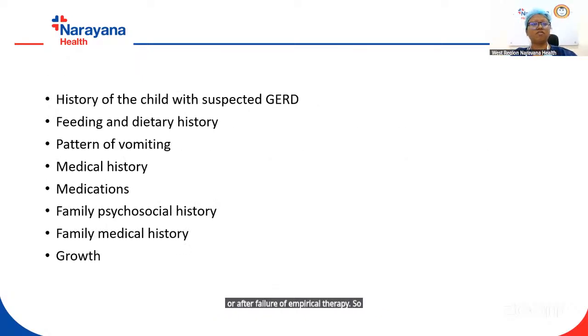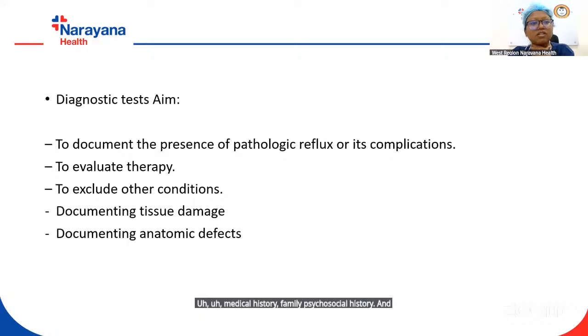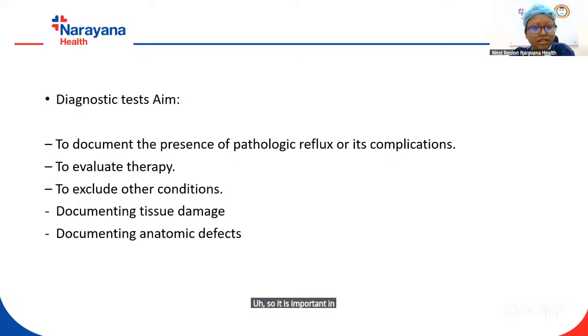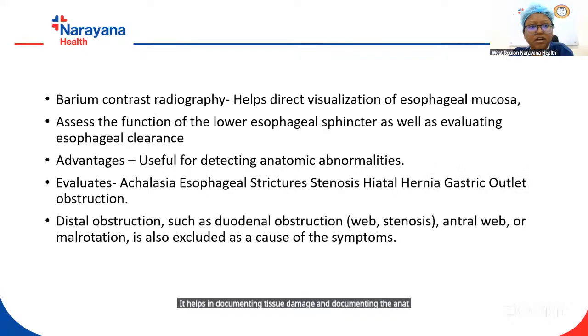History of the child is important. One should always make sure to ask about feeding and dietary history, pattern of vomiting, medical history, and family psychosocial history. The diagnostic tests aim at documenting the presence of pathological reflux or its complication. It is important in evaluating the therapy and excluding other conditions. It helps in documenting tissue damage and documenting the anatomical defect.